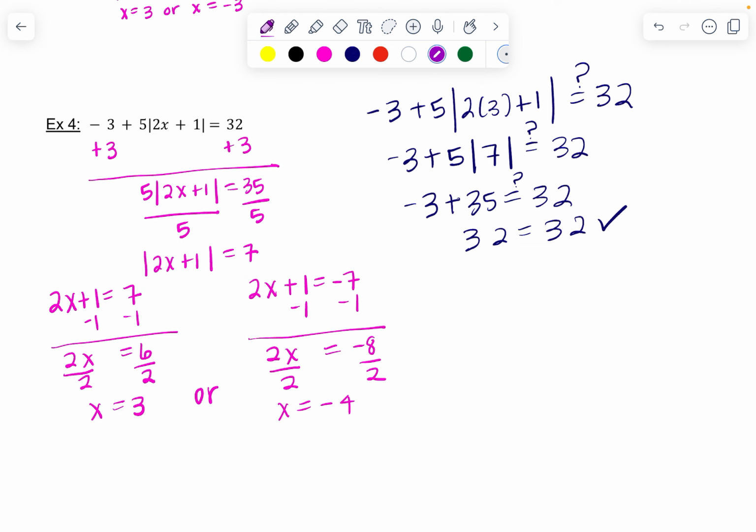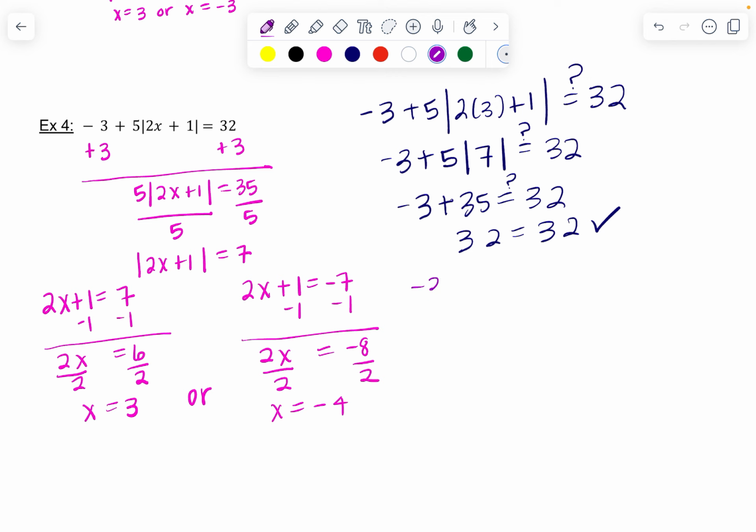I'm going to do the same thing for my -4. So -3 plus 5 times the absolute value of 2 times -4 plus 1. We want to know if that's equal to 32. 2 times -4 is -8, plus 1 is -7.